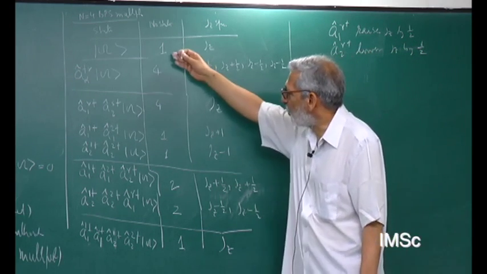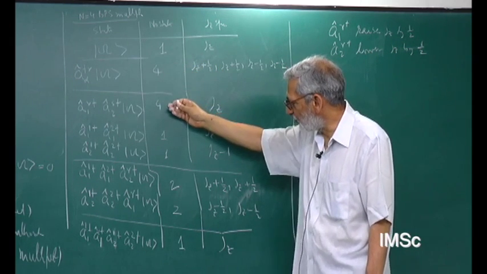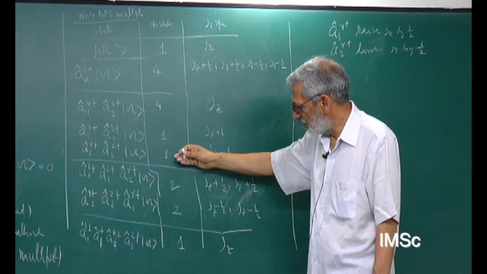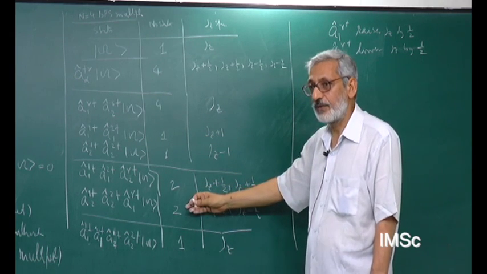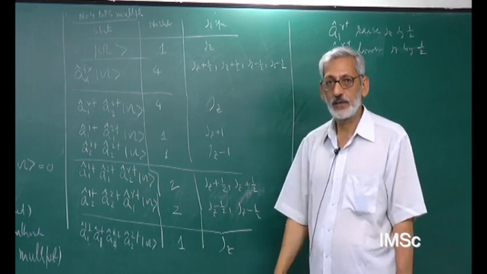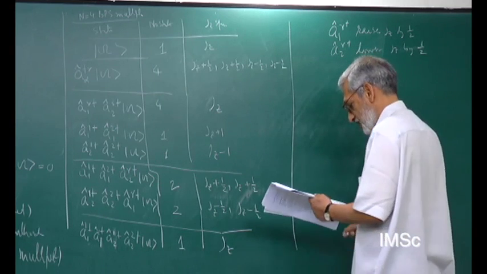How many of them are there? 1 plus 4 is 5, 5 plus 4 is 9, 10, 11, 11 plus 4 is 15, 16. So 16 states.